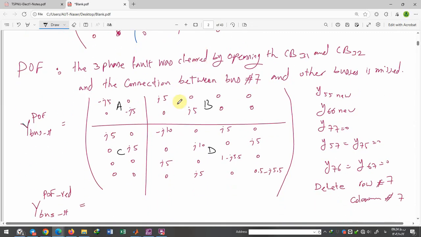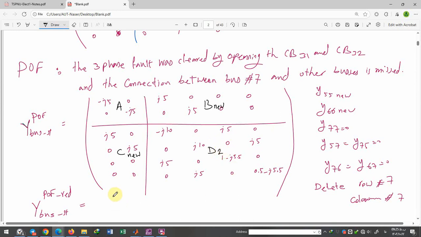So A is as pre-fault, B as during fault, C is new, but D I call D2, for example.